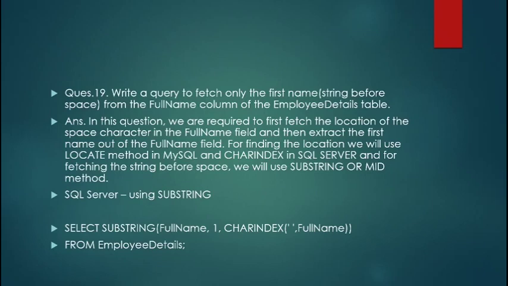So we want the first space in the full name and we want to extract only that part which comes before the first space index from the employee details table. So in SQL Server you have to use the substring method. This is how you will write the query in order to fetch the first name from the full name.